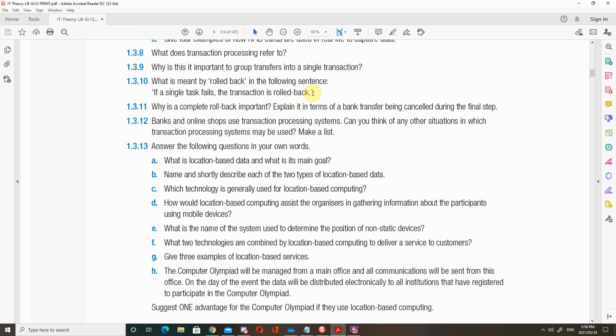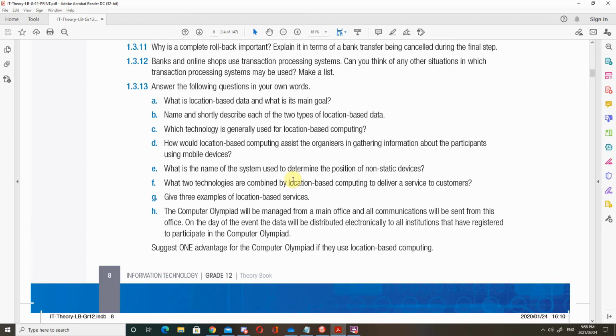So sometimes it will try to install a certain program, and if it gets to a certain stage where it realizes it's not going to work, or you've got the wrong stuff, or the file's corrupt, if it rolls back, it just means it will remove all the files it already extracted and maybe changes it made to your system. It will reverse all of those changes back to the state it was in before it started this process.